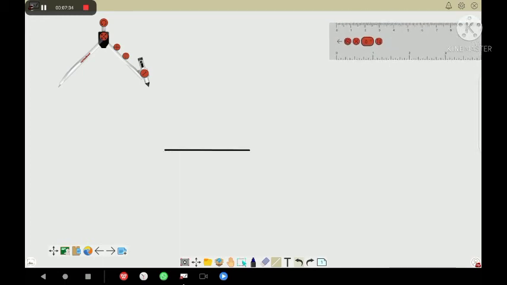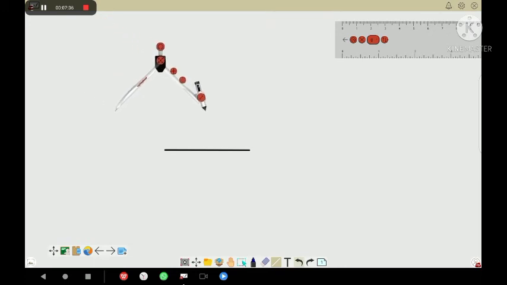Next we need to bisect it. What is the procedure of bisecting? To bisect a line segment, we take a length with the compass that is more than half of the line, and draw two arcs on both sides of the line, the lower and the upper, with the same length.